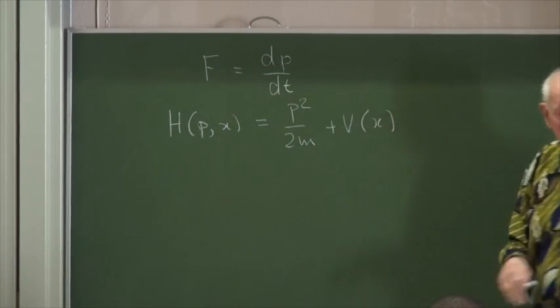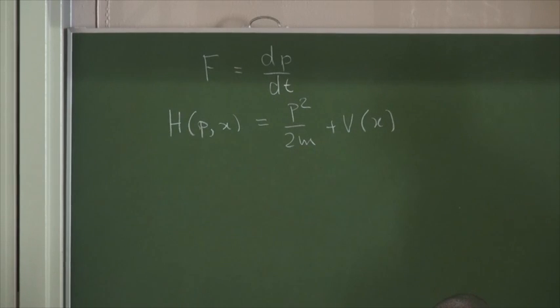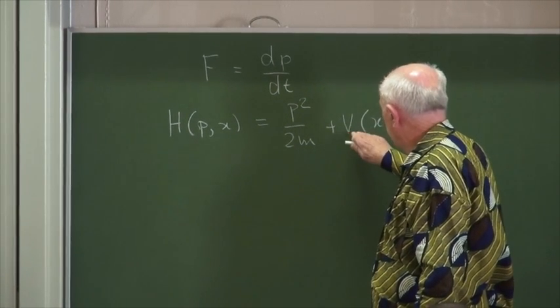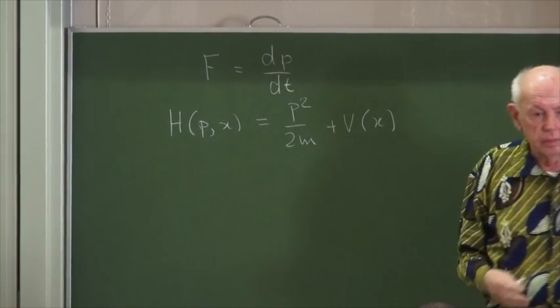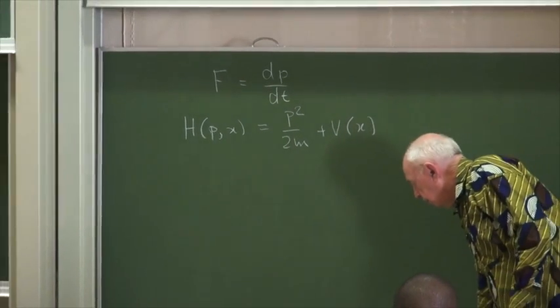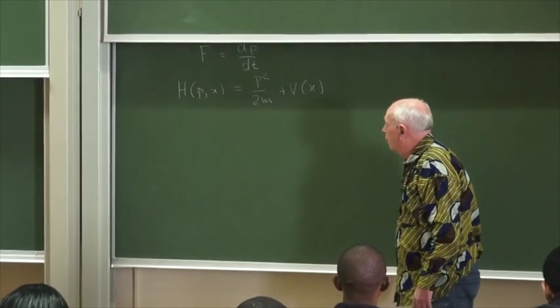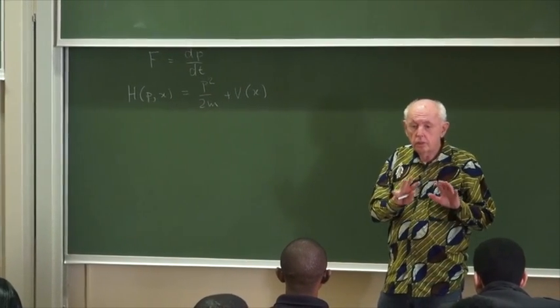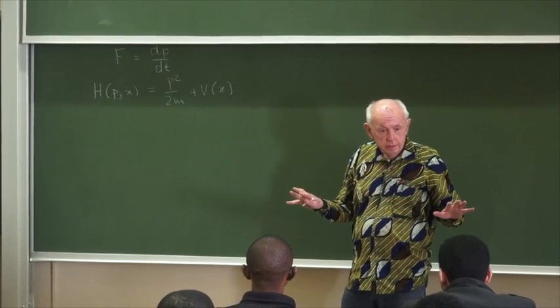So this was possible for forces which are given by the derivative of this with respect to x, with the minus sign. And then we went further and said, let us take this and apply it to certain potentials.